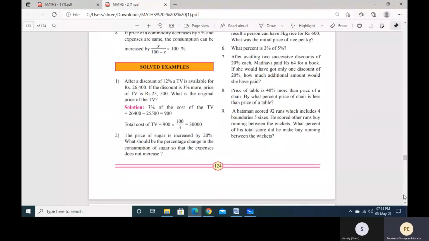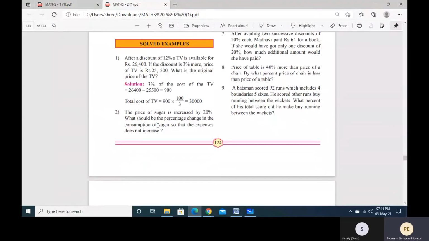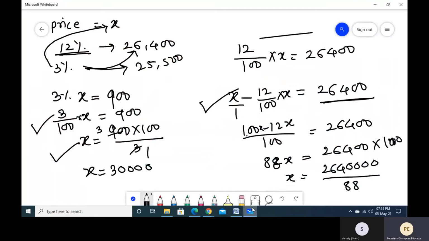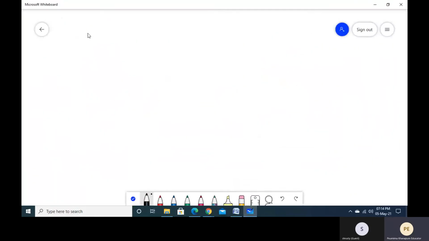Okay, let's see the next one. The price of sugar is increased by 20%. What should be the percent change in the consumption of sugar so that the expenses do not increase? Now it is increased by 20%.